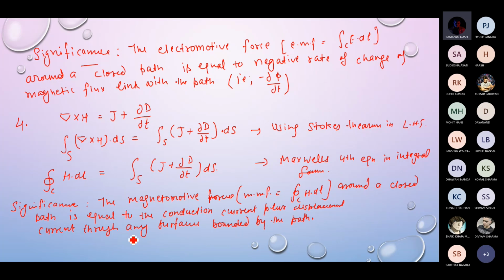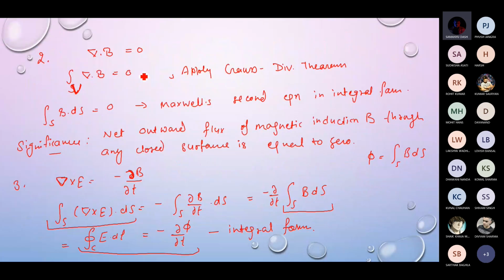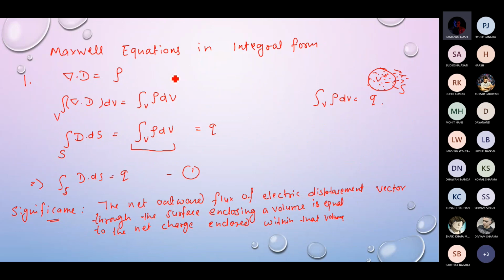For some special cases, for example, when you are dealing with the Maxwell equations in free space, what will happen? Rho, the volume charge density, will be 0 for free space. So if you are asked to write the Maxwell equations in free space, then rho will become 0, that is number one. And secondly, J, the current density, will also become 0.